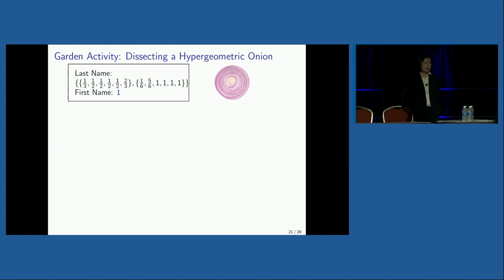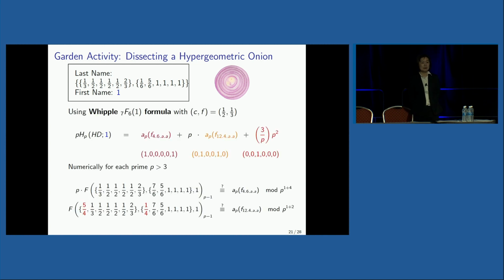And if you have this hypergeometric onion, if you're trying to see whether they fit into the philosophy of David Roberts and Fernando Rodriguez Villegas, we use the Whipple formula. Use the parameters C, F to be the pair 1/2 and 1/3. We actually get 3 slices of the onion.